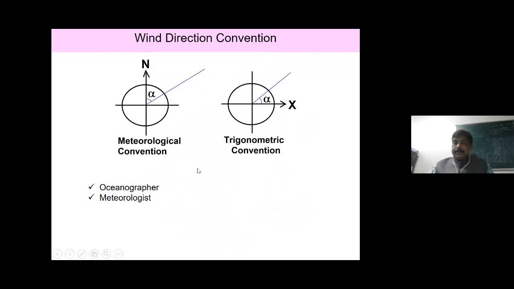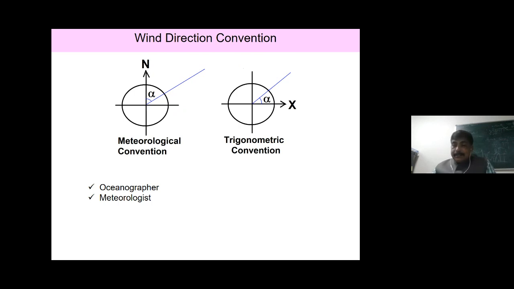Now another interesting fact is, when we talk of direction, there is an issue whether the direction is showing from or to. This should be clarified here itself. Now I am mentioning two persons. One is an oceanographer and another is a meteorologist.